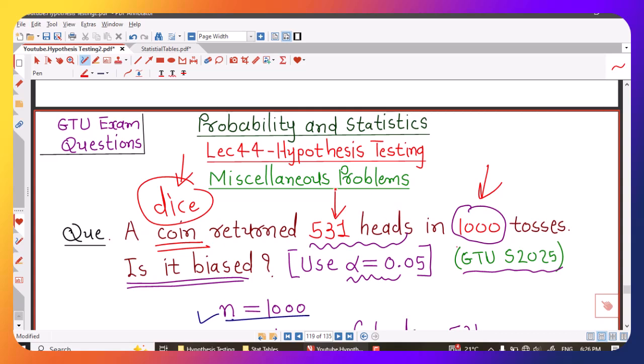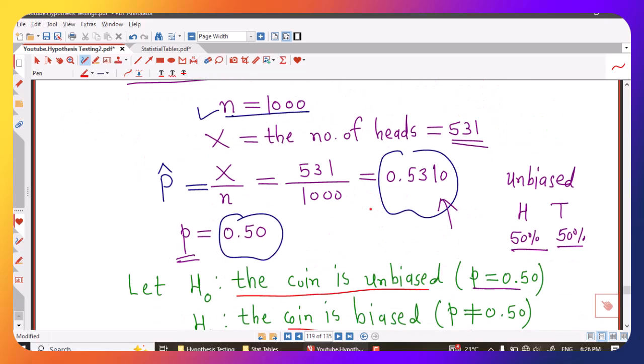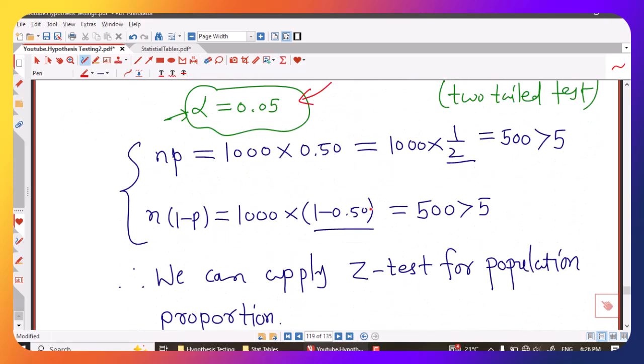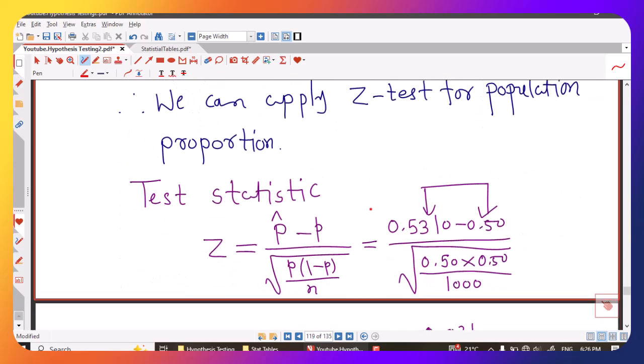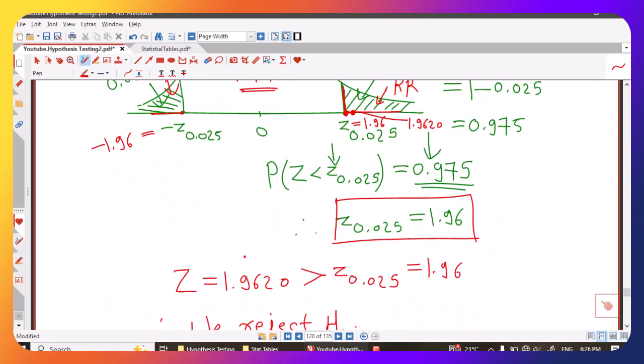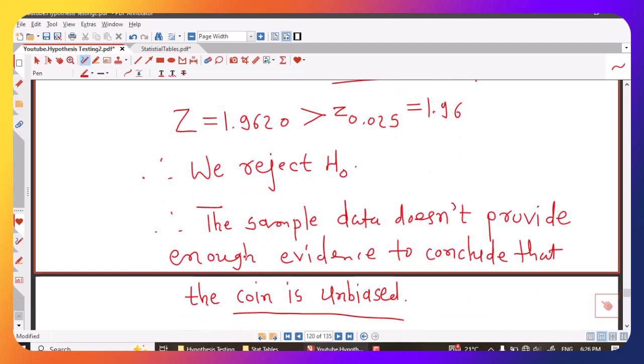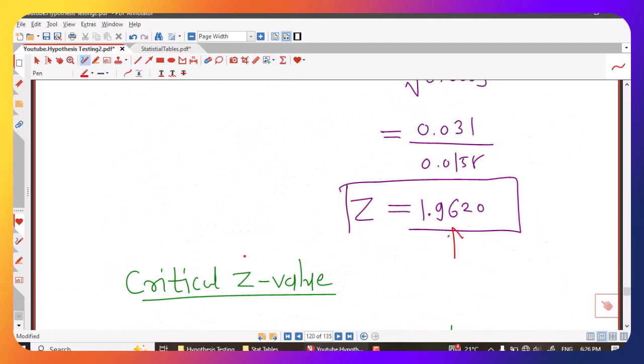So here also they are talking about the proportion. So whenever we have proportion-like things, we will use the hypothesis test for population proportion, and using the appropriate formula for the test statistic and finding the corresponding critical values, we can test the null hypothesis with the given level of significance. So this is all about this session.